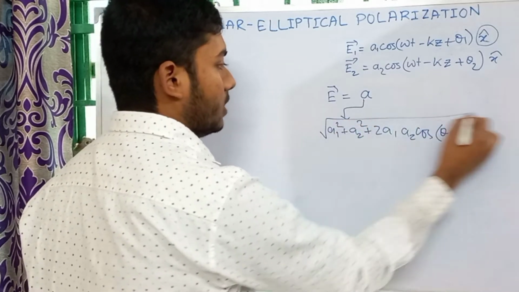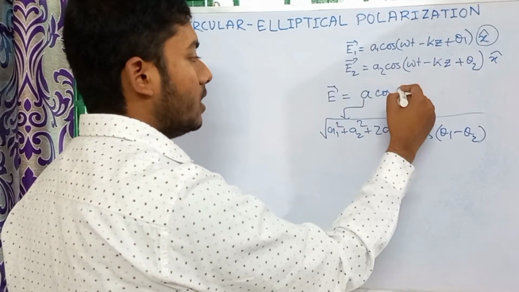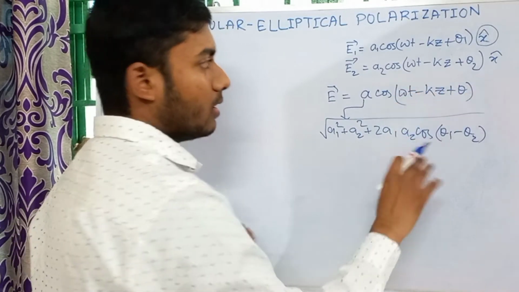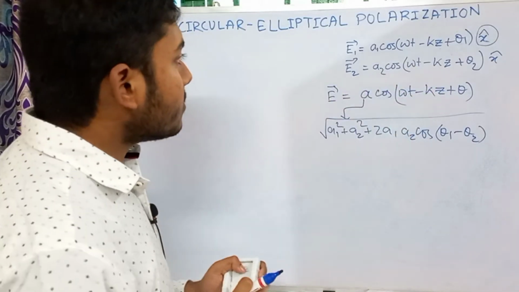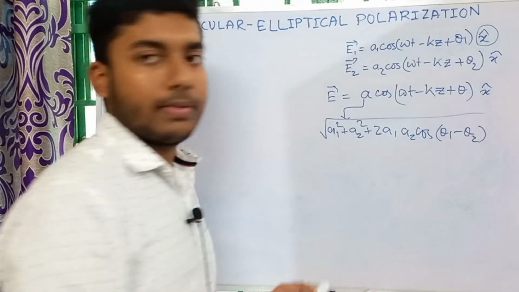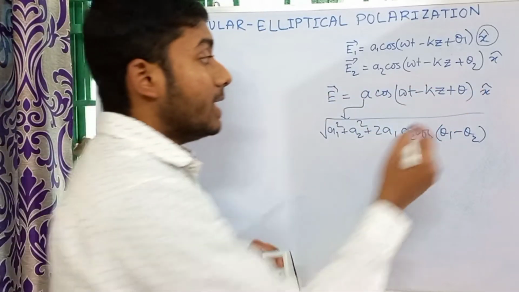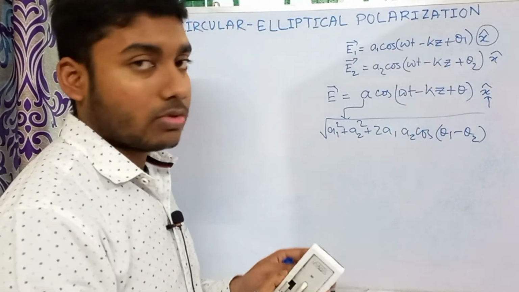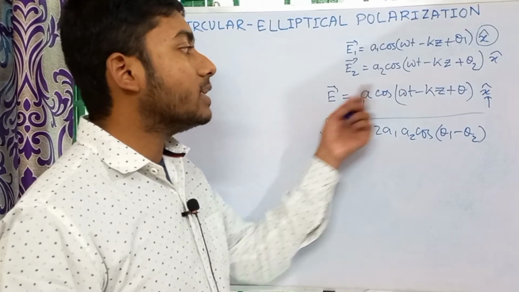Now this will be root over, this will be the value of A, and this will be cos, suppose, omega t minus kz plus theta. I think you know how I can write this. And this will be just x cap. That means these two waves when superimposed will produce a wave whose electric component is in the same direction.